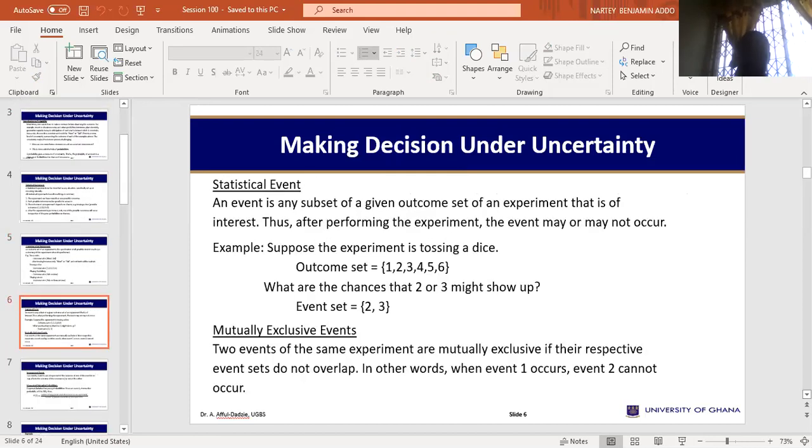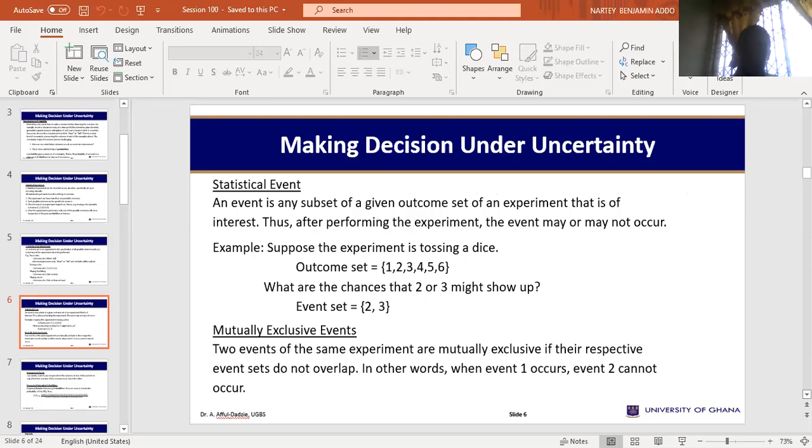Then events. I have explained that an event is a subset of the sample space, right? So an event is any subset of a given outcome, and the given outcome is a sample space. So a given outcome set of an experiment that is of interest. Thus, after performing the experiment, the event may or may not occur.